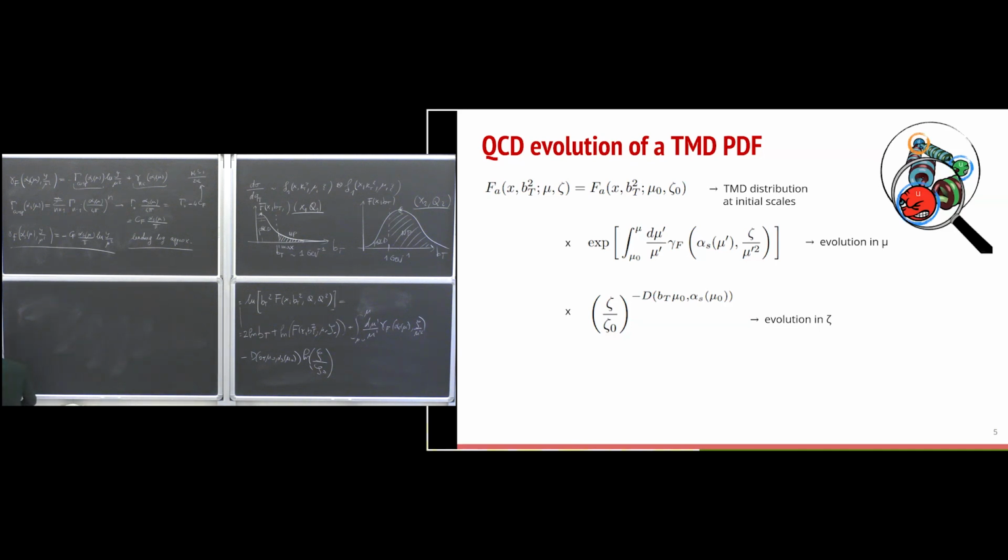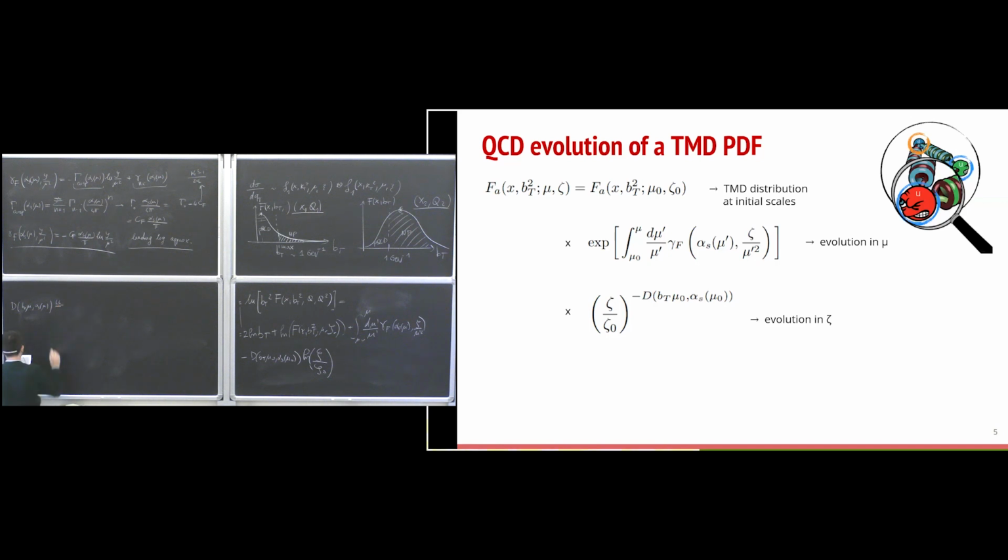So d is, in general, so let me see if I remember it correctly. Let's write down immediately the leading log approximation, which is simpler. This becomes twice, this is mu, sorry, bt mu alpha s of mu.